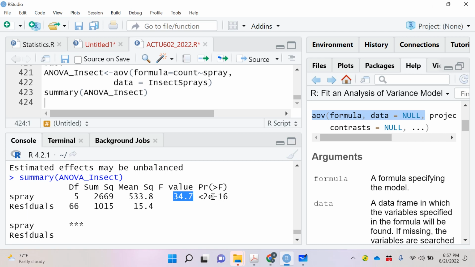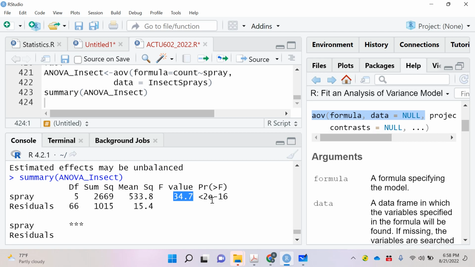And then the p-value is very small. It has about 16 zeros before you get to the value 2, so it's quite close to 0. So what will be your decision? We reject H0. H0 in this case is that there is no difference between the averages, right?